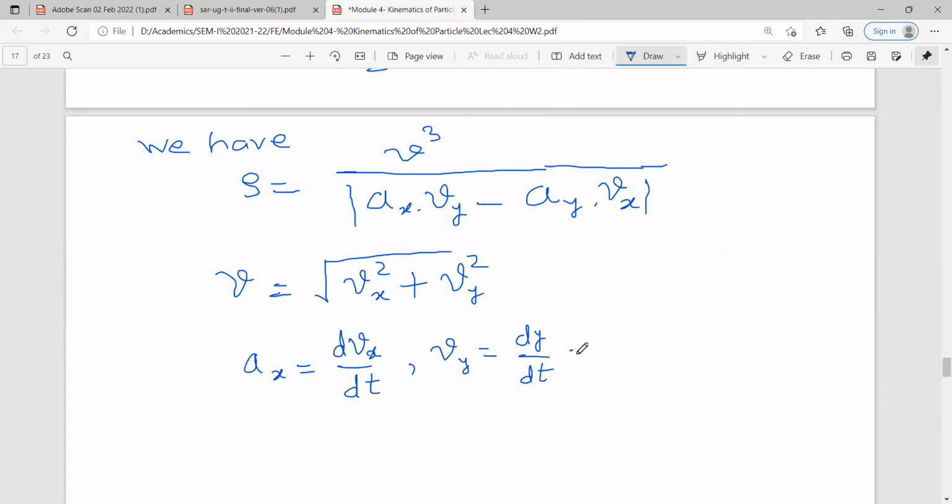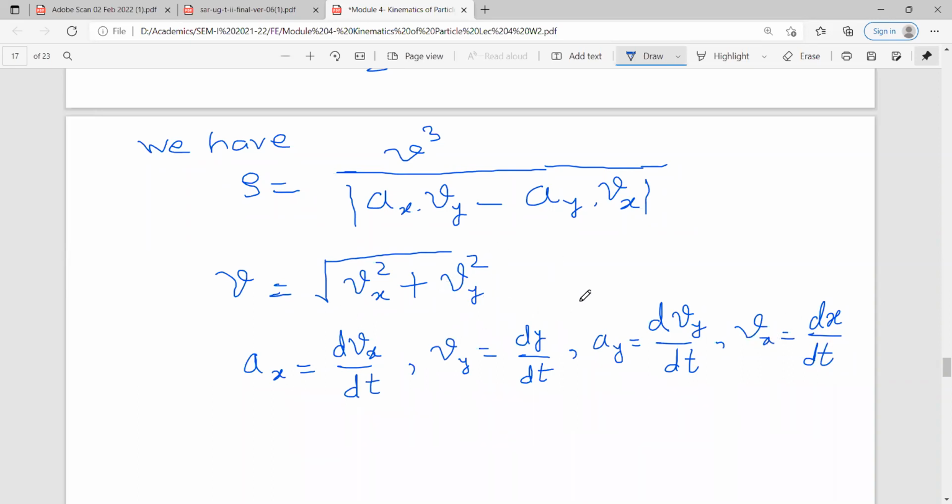So ay value will be the rate of change of velocity in y direction with respect to time, and vx, velocity in x direction, will be the rate of change of x coordinate with respect to time. So you see which one to calculate first.